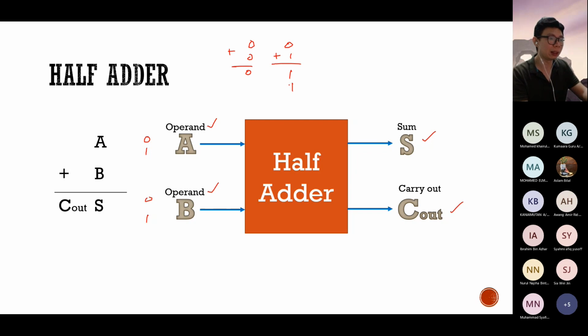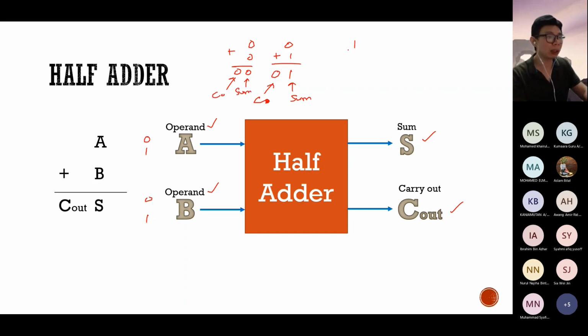This is the sum. What about the carry out? Because there is no carry, the carry out here is 0. We sometimes write carry out in short form as CO. Over here is also the carry out, and this one is the sum.